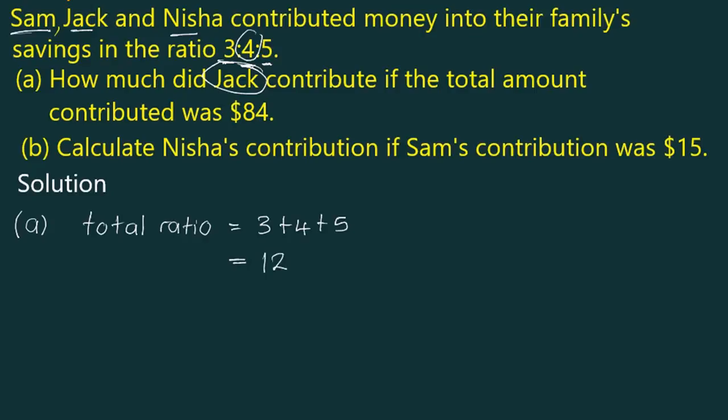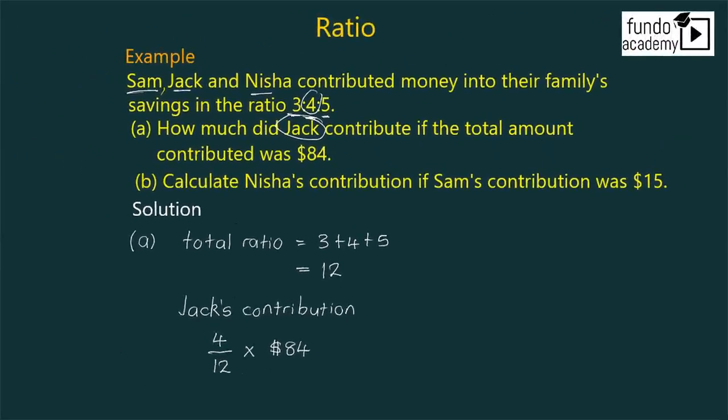So that's the total ratio, the total contribution. That means that Jack's contribution is 4 parts out of the total 12 parts of the contributed amount. In this case, that's $84. So we just want to work this one out.